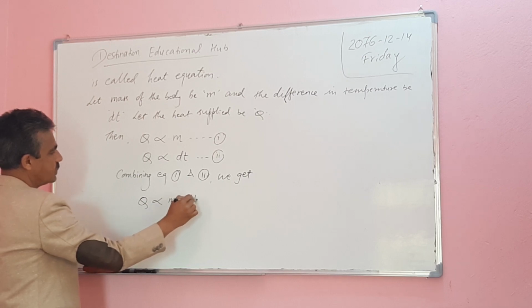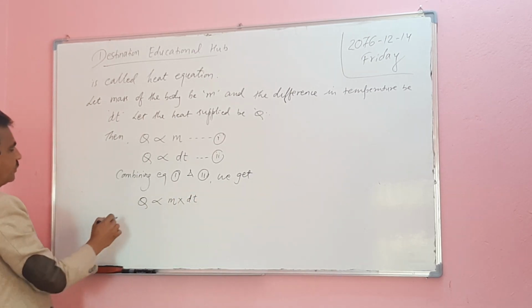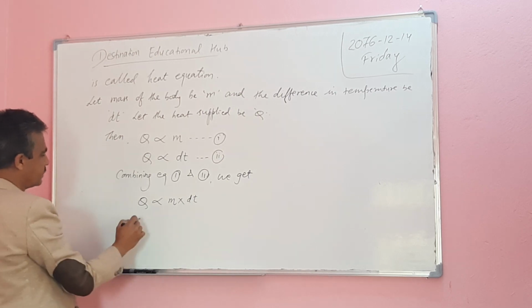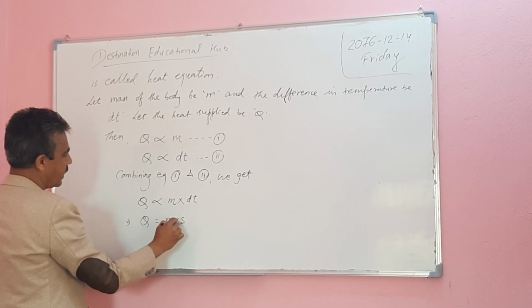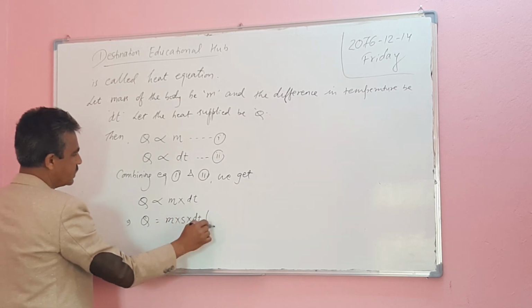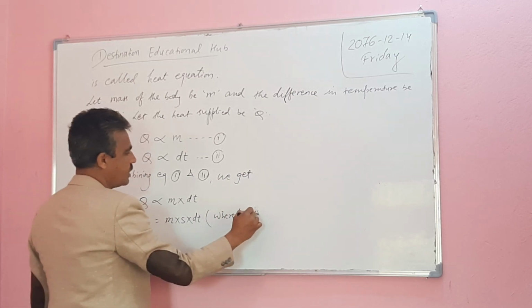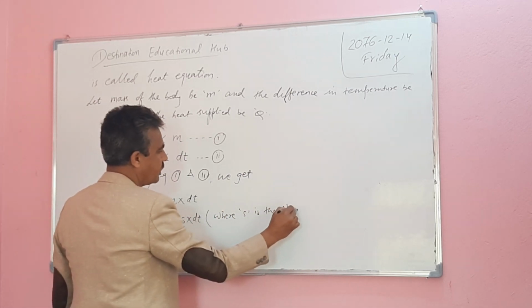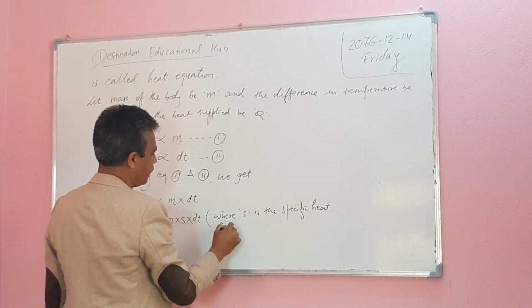But we have to remove this proportional sign. How can we remove it? By using a constant. That is Q equals m multiplied by s multiplied by dt, where s is the specific heat capacity of a substance.